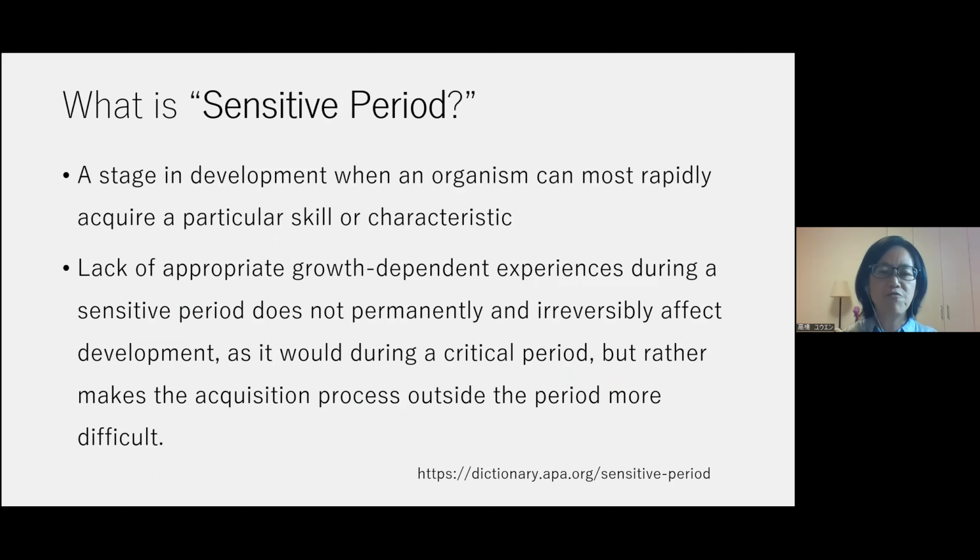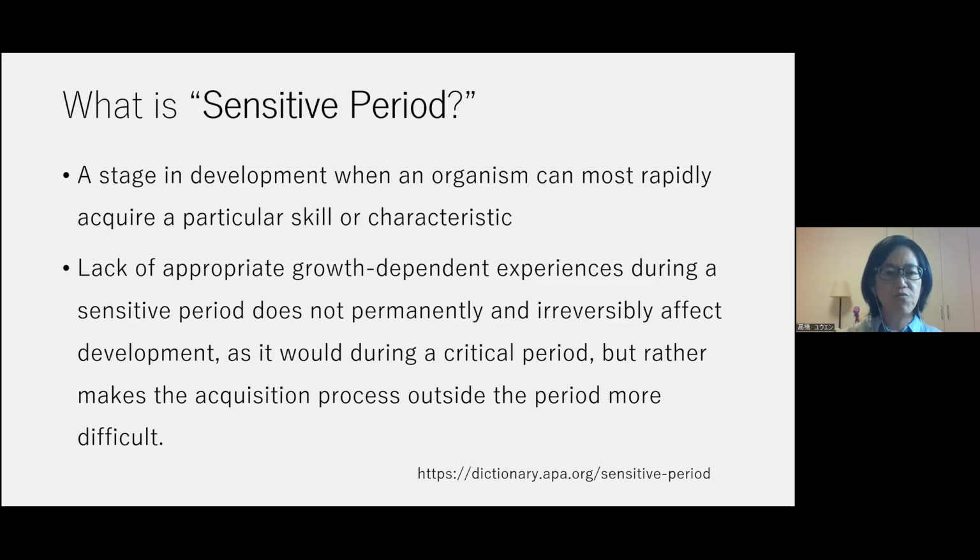What is a sensitive period? A sensitive period is defined as a stage in development when an organism can most rapidly acquire a particular skill or characteristic. And the lack of appropriate growth-dependent experiences during that sensitive period does not permanently and irreversibly affect development, as it would for the critical period, but rather makes the acquisition process outside the period just more difficult.